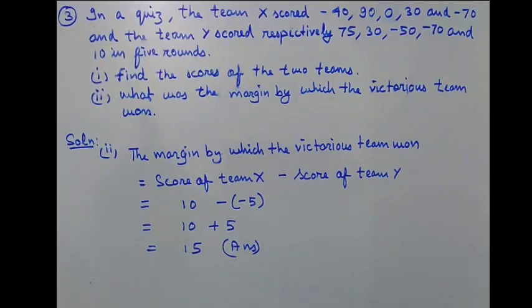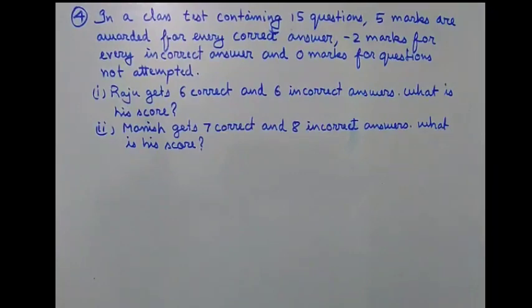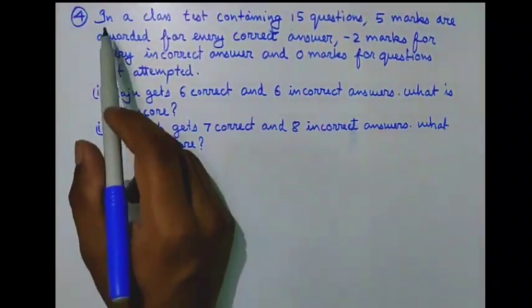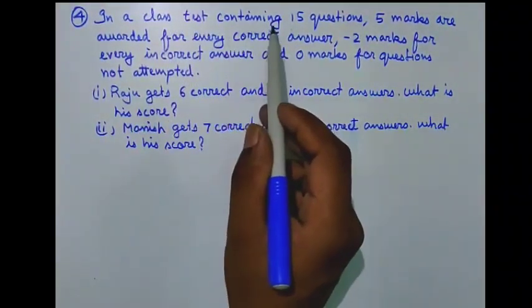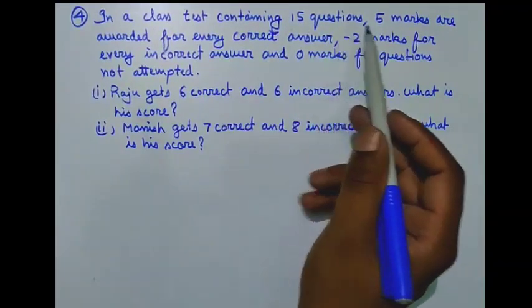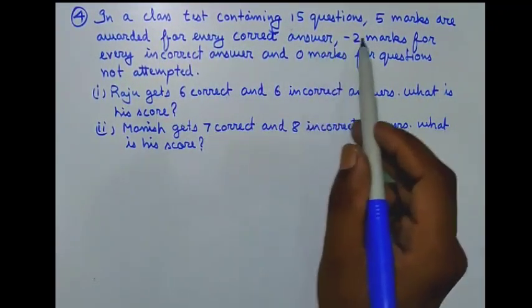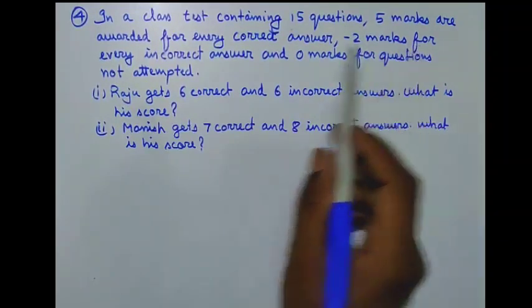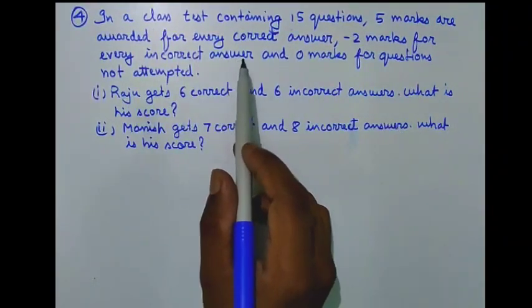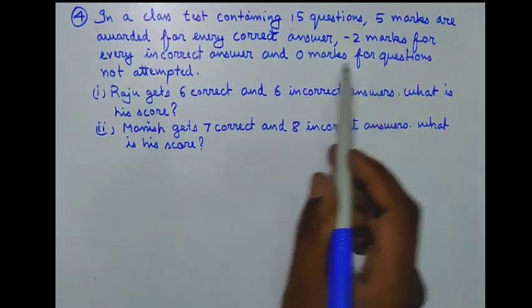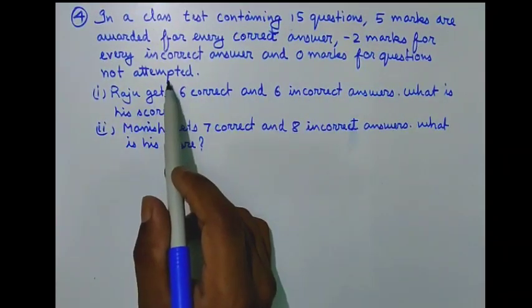Let's look at another question. In a class test containing 15 questions, 5 marks are awarded for every correct answer, negative 2 marks for every incorrect answer, and 0 marks for questions not attempted.